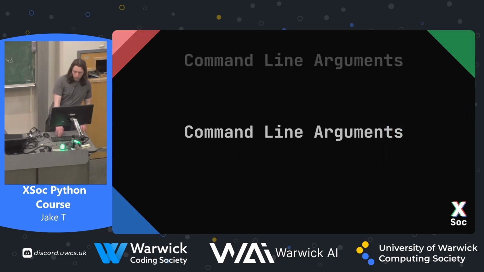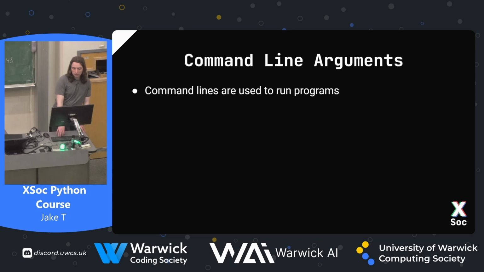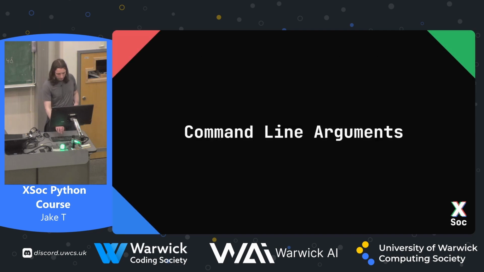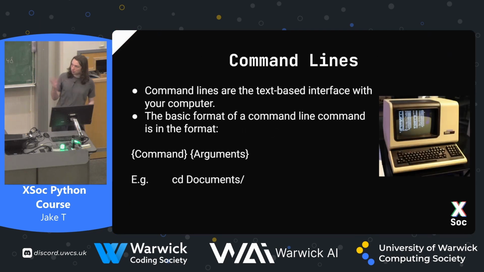So if we have a closer look at command line arguments, they are used to run programs. Programs that need context for their runtime, sometimes, not always, but sometimes. A good example is the cd command, as you would have seen there. Cd is just to change directory, to move about when you're in this command line interface. You need cd, which is the command, but then you need to select where are we moving? So you give it documents.